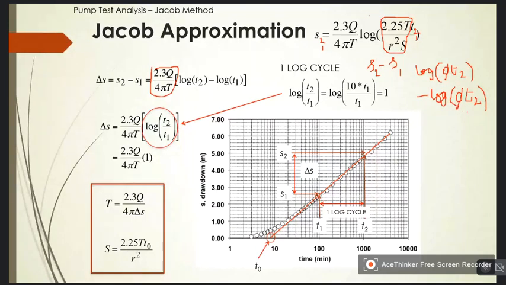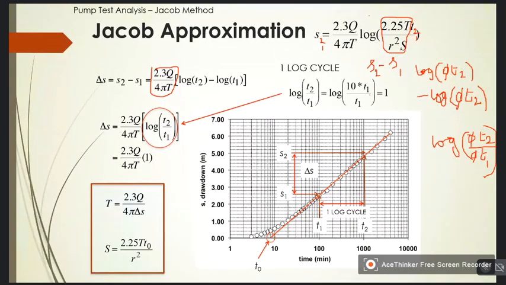When I am subtracting this minus this, it will be log. Therefore you will get this equation.